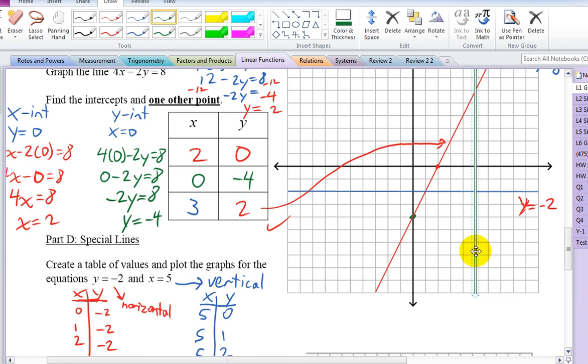There's my line, and so now I'm going to draw and say x equals 5. x equals 5. Any questions? You should be an expert on special lines. If I say horizontal, you should know what I mean, or vertical. Okay.